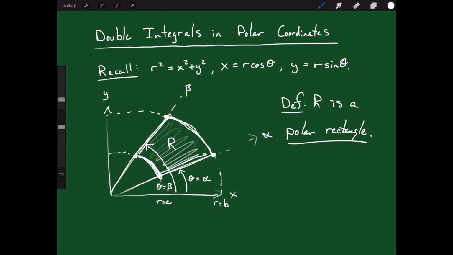Well, typically when we're breaking some region up into little polar rectangles, let me draw another picture. Let's say we've got some region here, and I'm breaking this region up into little polar rectangles.